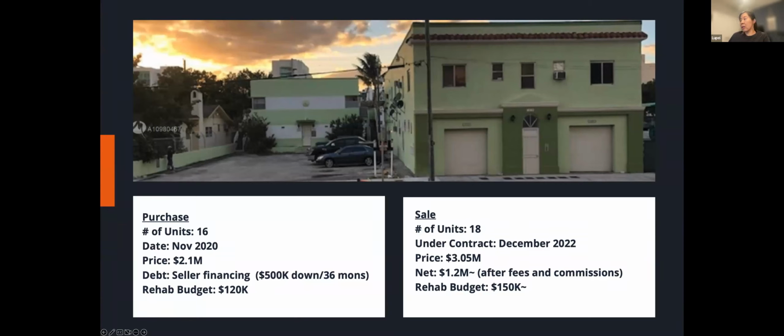So add the units, increase the rent. Basically, we bought it for 2.1, and it's currently under contract, not sold yet, on the contract for 3.5 in about 2 years.